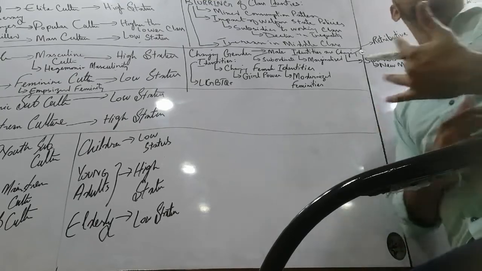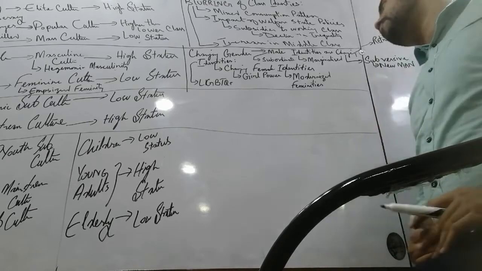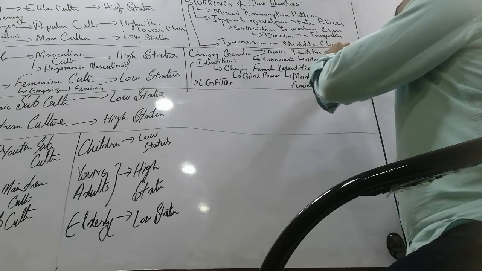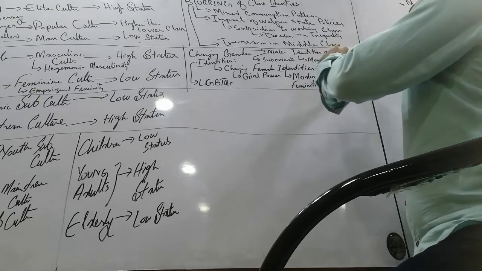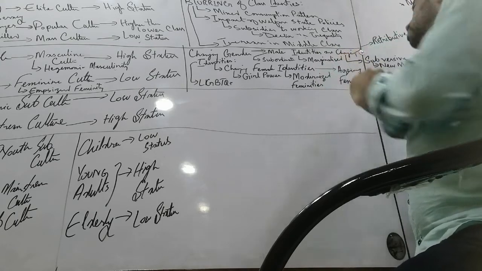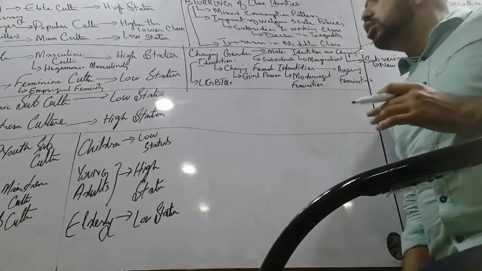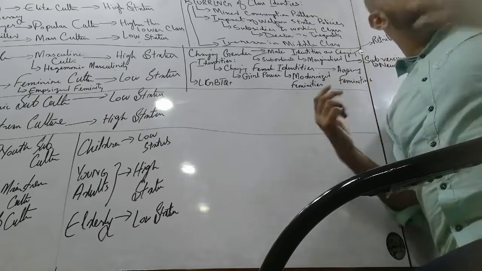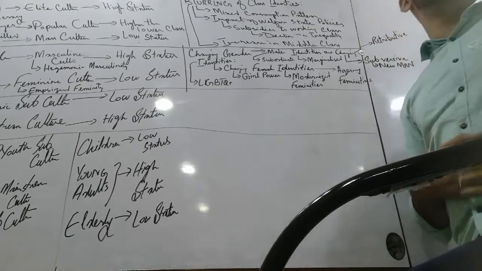Am I right? So this is all about modernized femininities. Afterwards, we have aging femininities also, where an elderly woman prefers to be in shape and to be active within society. That is all about aging femininities.